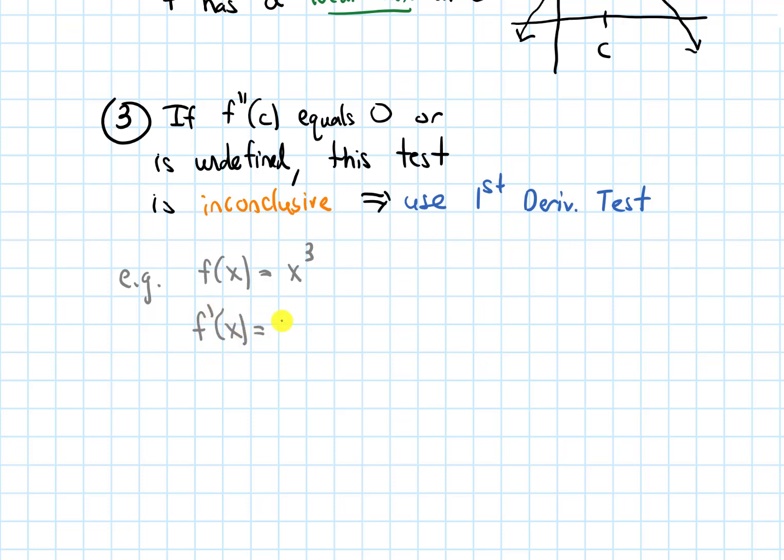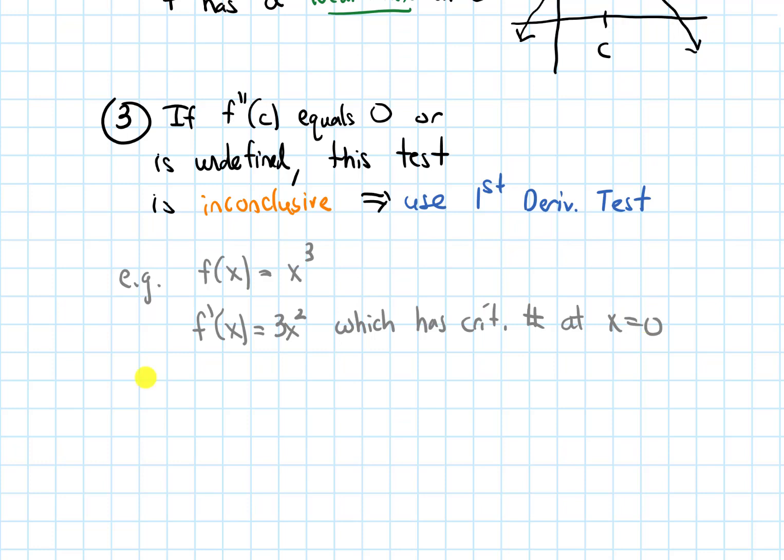The derivative of this is 3x squared. This is never going to be undefined, but it can be equal to 0, and it will be equal to 0 when x equals 0.